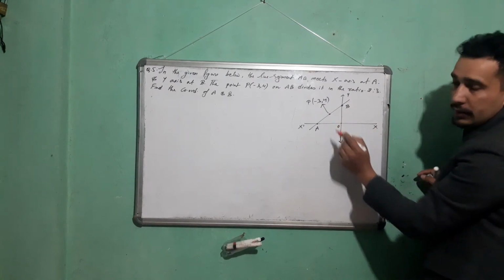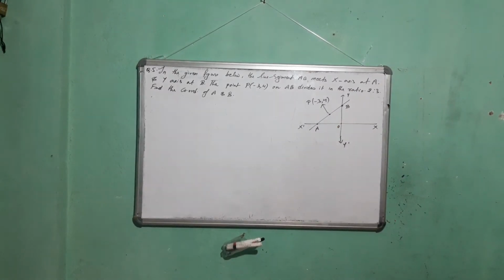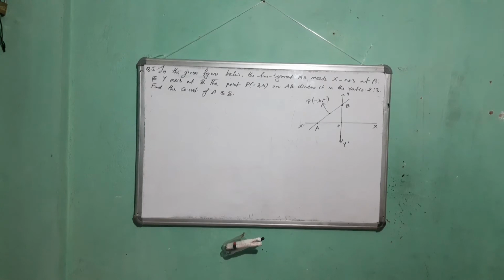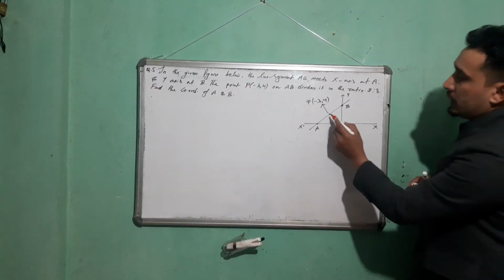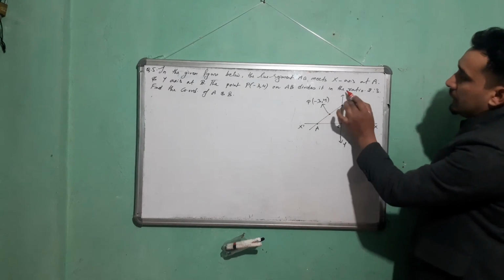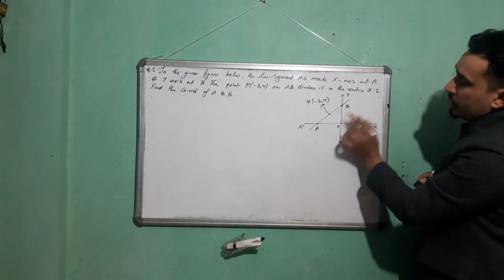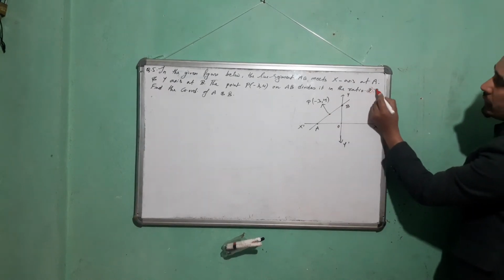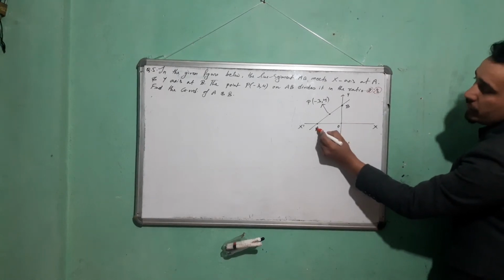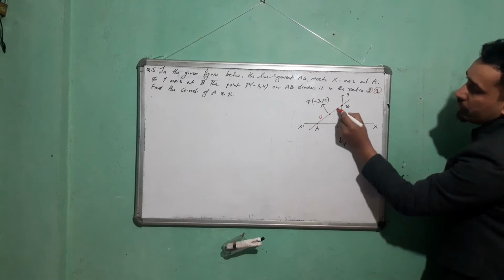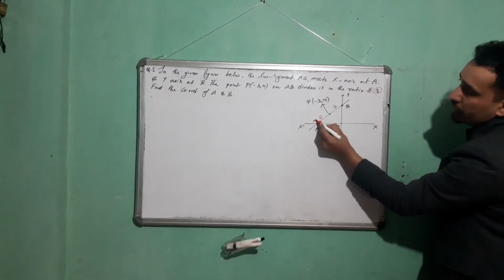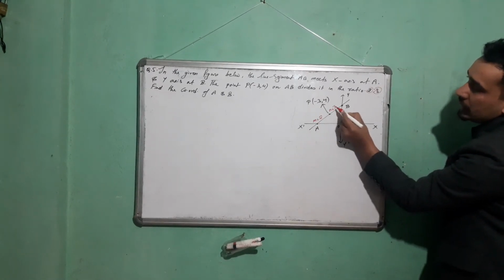So P divides, point P is minus 3 comma 4. This is the point P. Divides in the ratio 2:3. So this value is the first value and this is the second value. A is first, then B. So here to here will be 2, and this side will be 3. So value of M is 2 and value of N is 3.